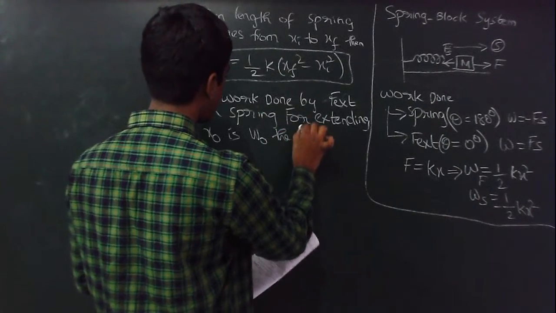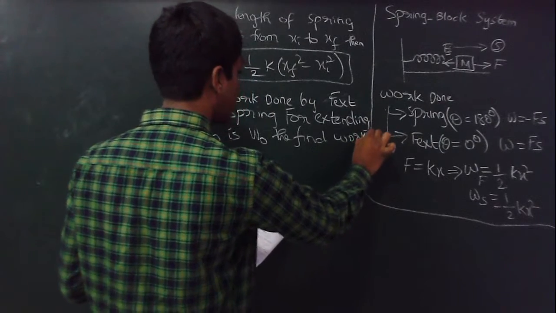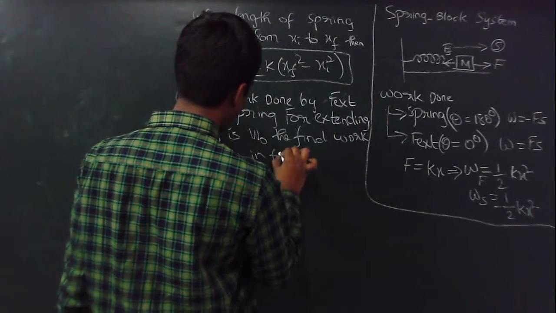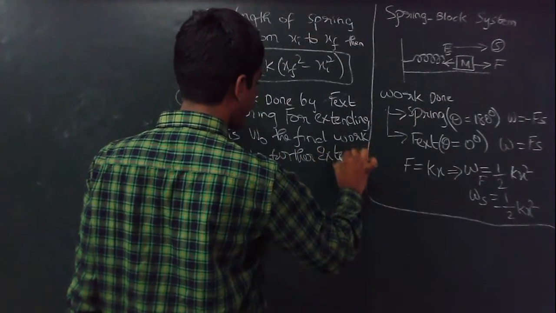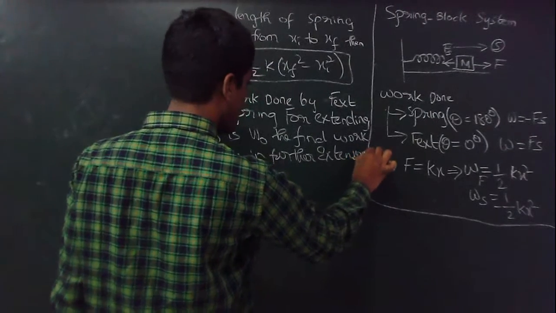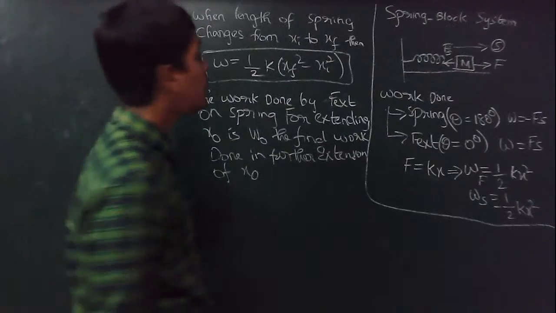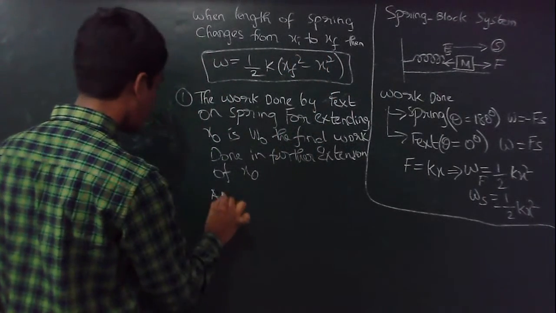Then find the work done in a further extension of x naught. Here we want to substitute the values, but we don't know the values.